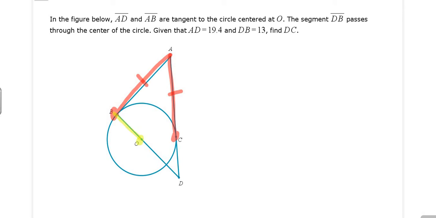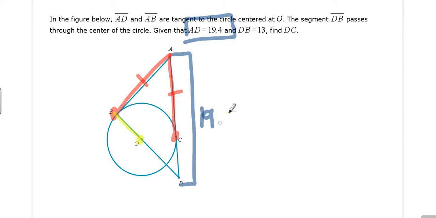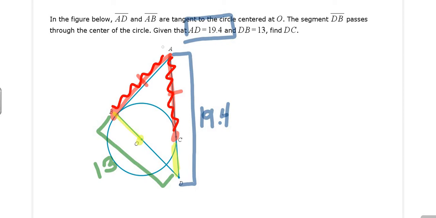AD is 19.4. BD is 13. We're trying to find DC, which is the yellow. So if we find the red, we just subtract, and the reds are equal.